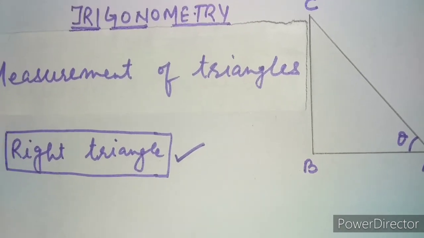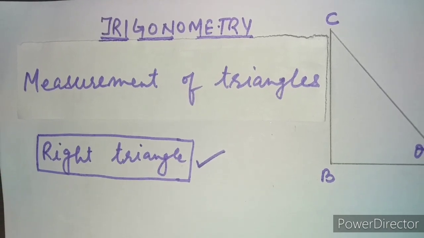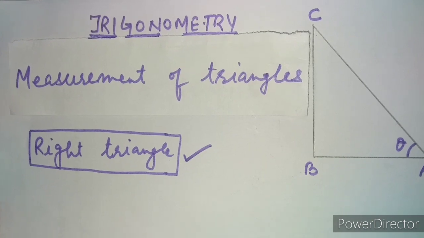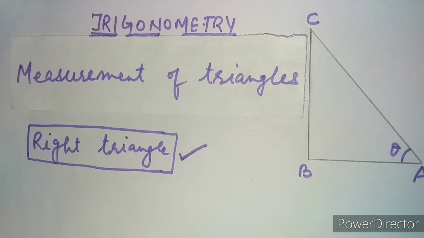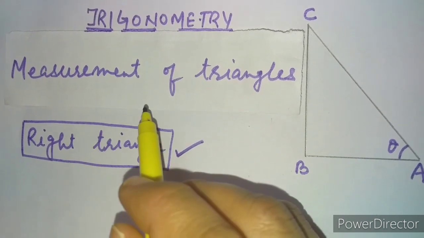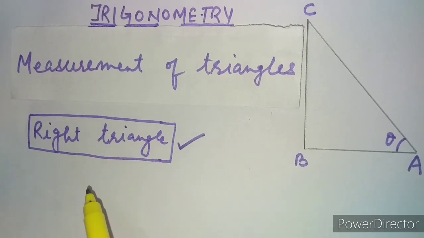Only then can we apply trigonometry there. If it is not there, then you will try to create an angle of 90 degrees, this way or that way, which we will see. Then only can we go ahead with the ratios or whatever the methods of trigonometry.